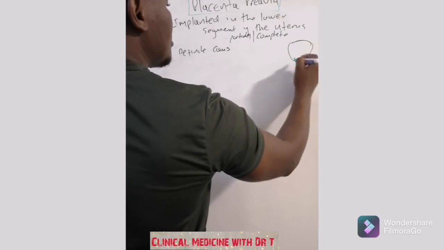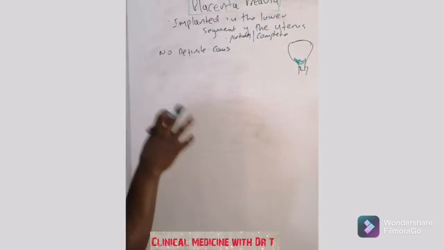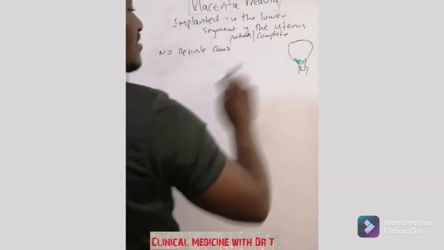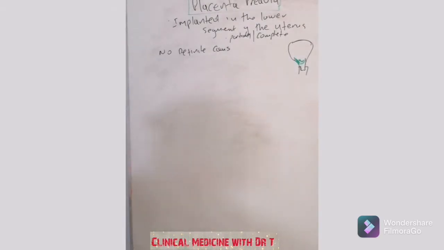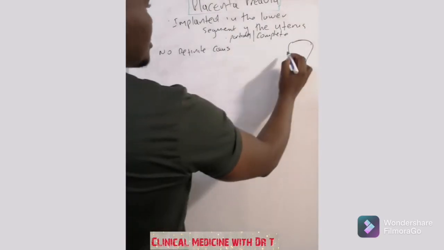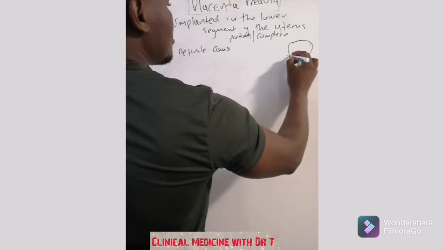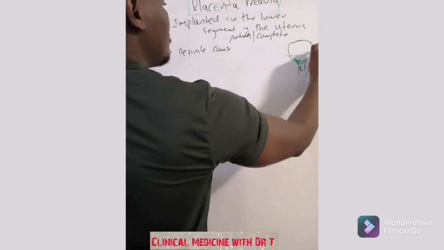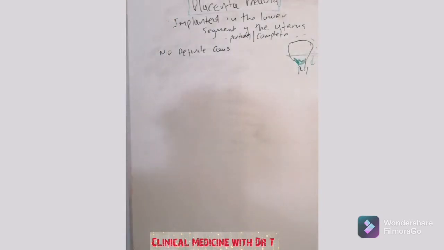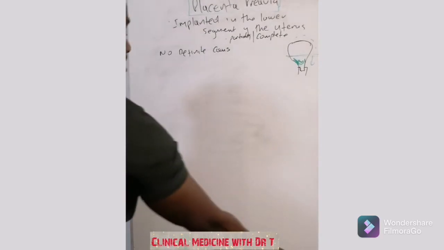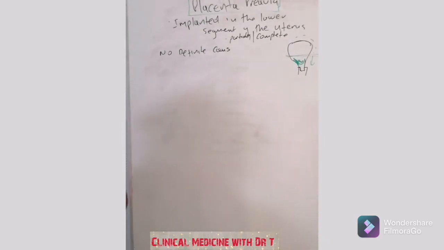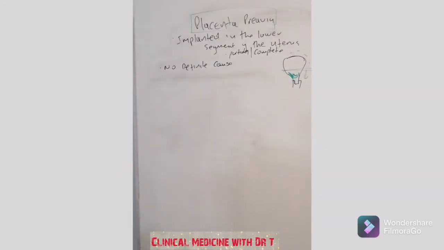You can just take the whole place. We are going to talk about the different positions it can take. But basically, you've got a placenta that is lying on this side, not on that side. It's not fundal, it's not up there.